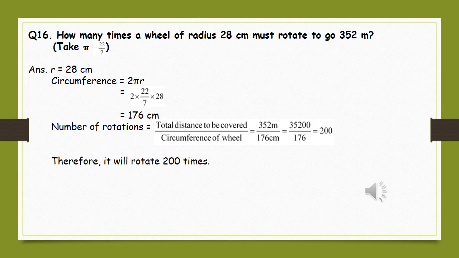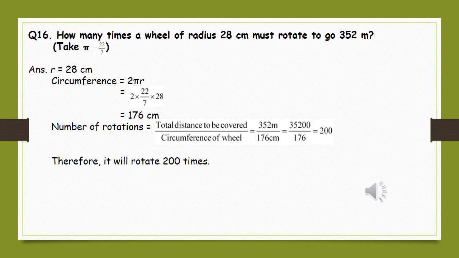So radius of the wheel is given as 28 centimeter, circumference is 2 pi r, 2 into 22 by 7 into 28, that is 176 centimeter. Number of rotations is equal to total distance to be covered divided by circumference of wheel, that is 352 meter divided by 176 centimeter.